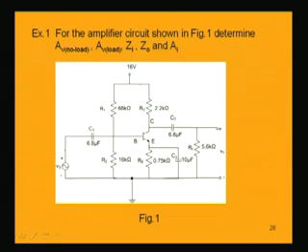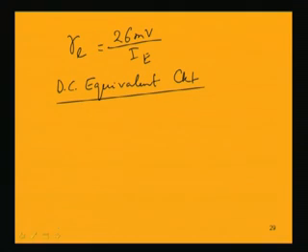DC equivalent circuit means you ignore these AC sources and you ignore these capacitors also, because capacitors offer an open circuit for DC. What will we be left with? We will be left with these resistances. These are the potential divider biasing scheme, RC and RE will be there. This will be just open circuit, this will also be open circuit. So, we are left with the circuit which is like this.